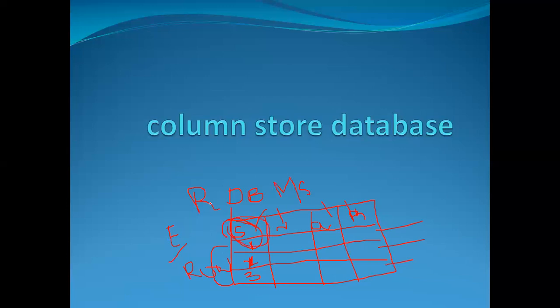So RDBMS is concentrated on row identification only, whereas the column store database concentrates on the column values. This is a major difference between a normal DBMS and a column store database.